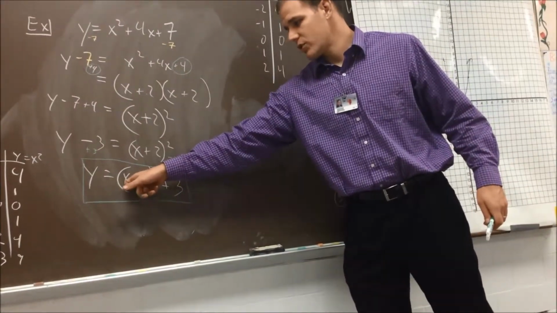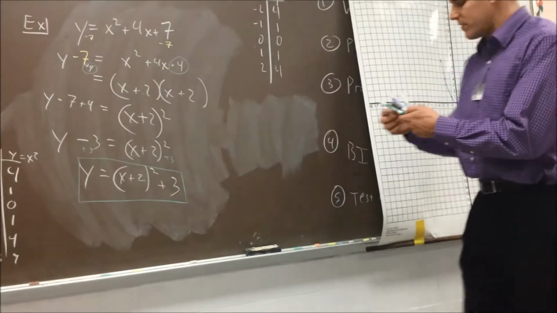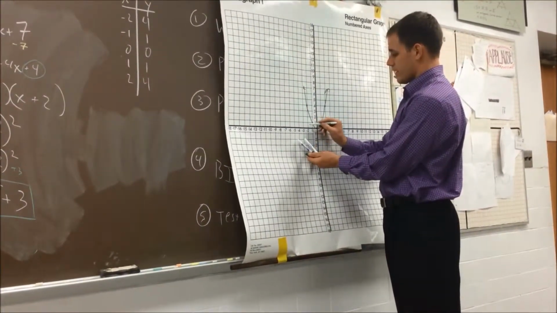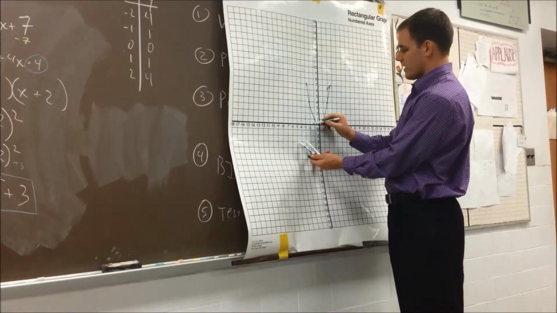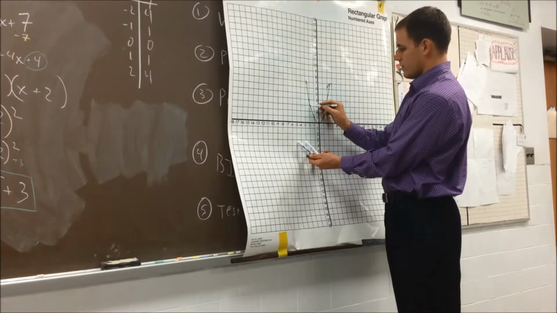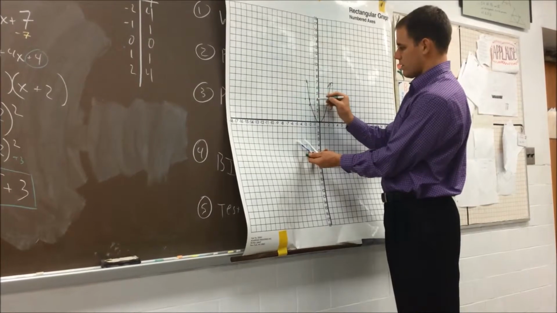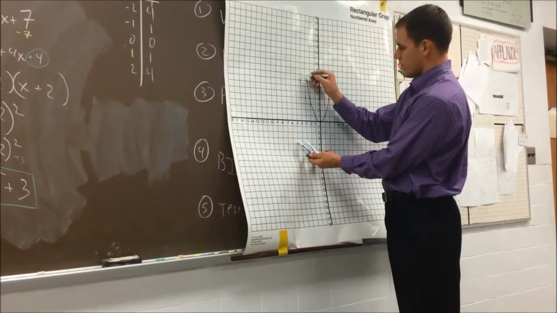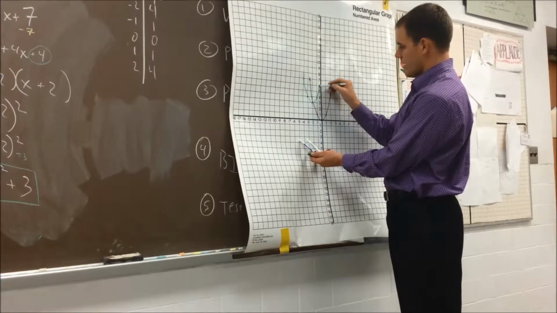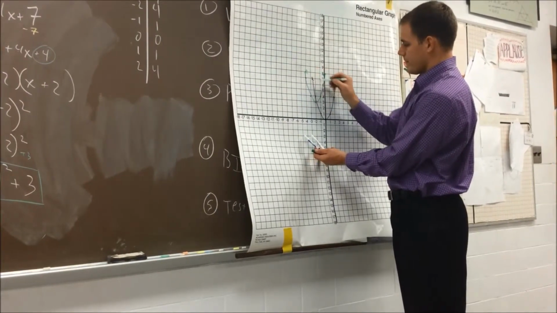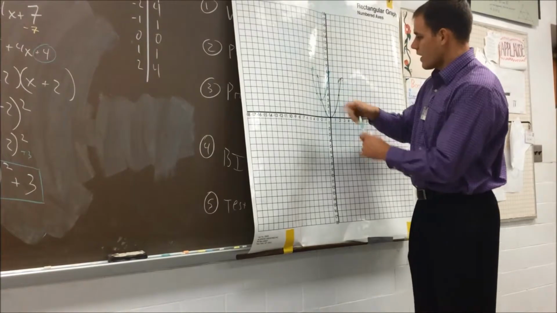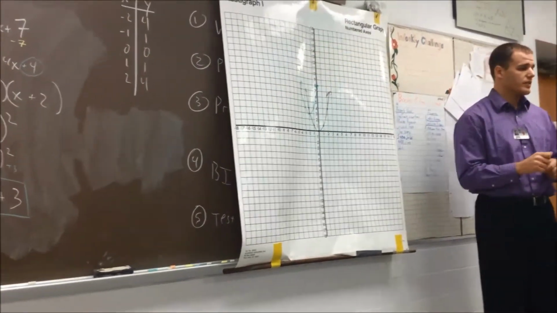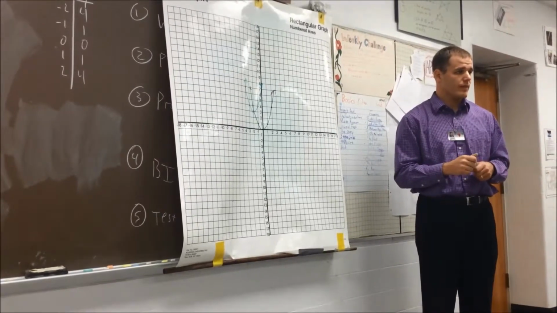Because if it's negative 2 in there, it'd be 0. So we're going to go left 2. And the plus 3 means we're going to shift everything up 3. And that's our graph. Once again, I'll pause, let you talk about it with your team, ask any questions.